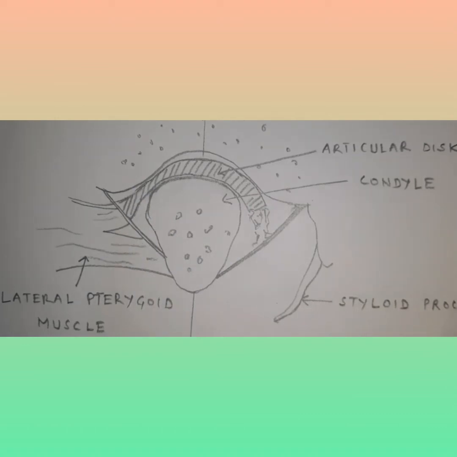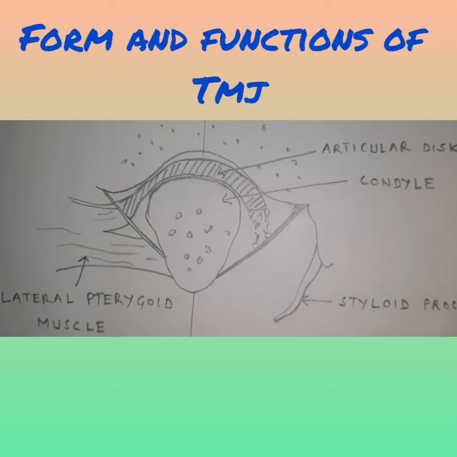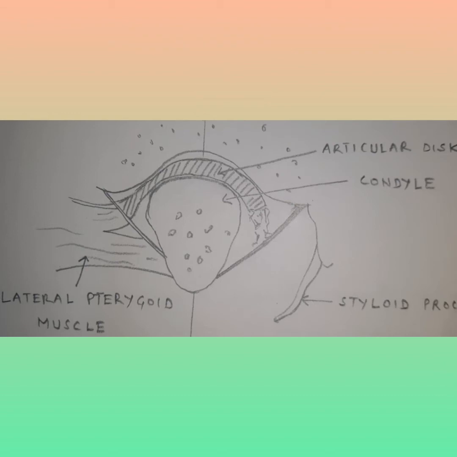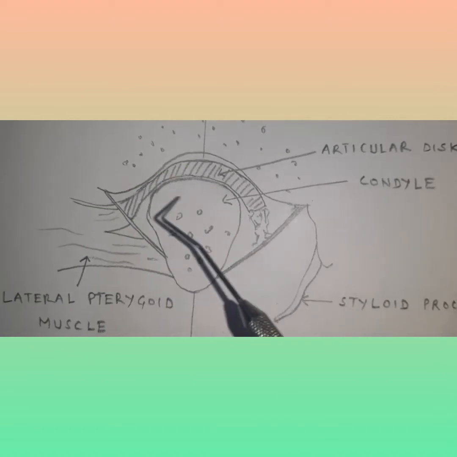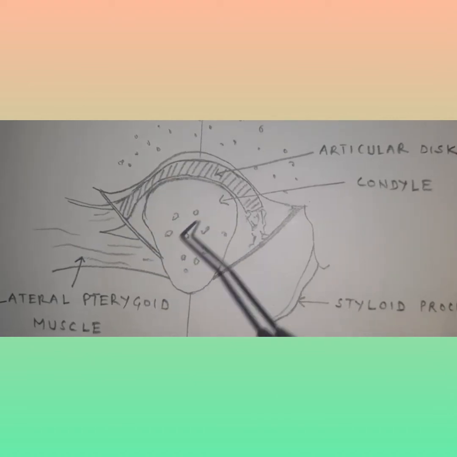Now the normal functional movement of the TMJ is because of the opposition of the articular surface of the condyle and the articular eminence. All the movements happen between the condyle and the articular eminence. The disc is composed of definable zones.